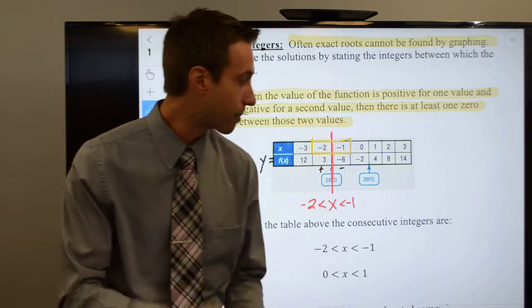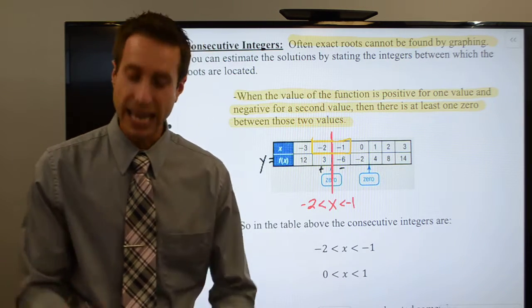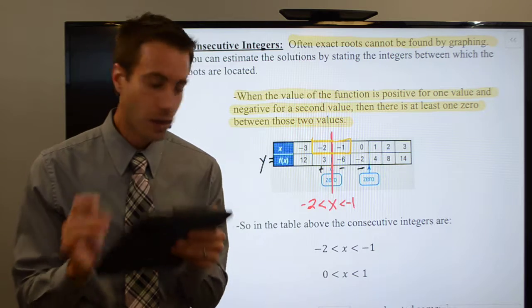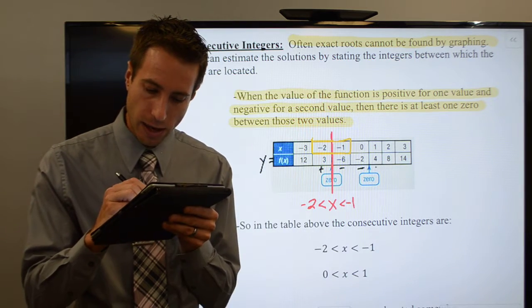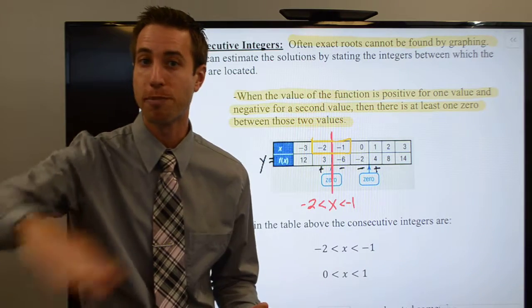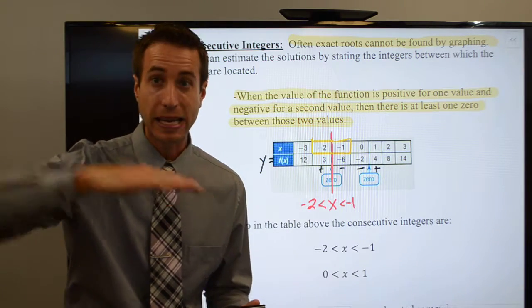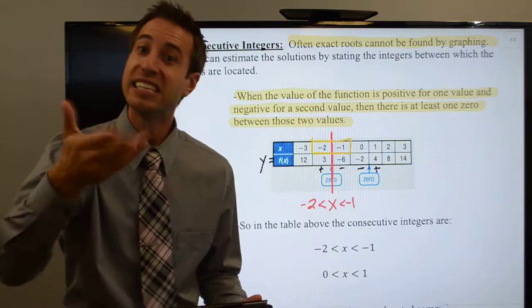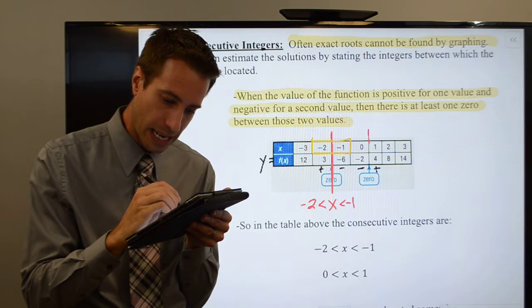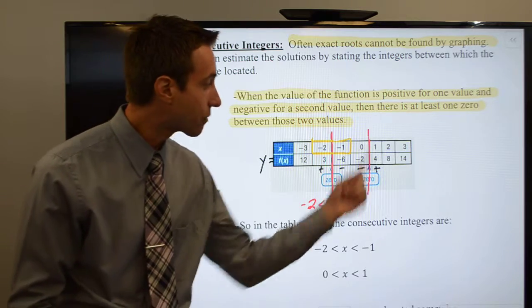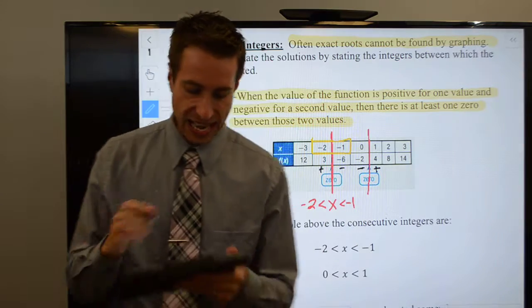Well, once again, let's keep going. Please notice that I am negative. It's a -2. All of a sudden, I now go to a positive 4. Again, the only way I can go from being a negative number to being a positive number is if I cross the x-axis. That means somewhere in here, I must have crossed the x-axis.